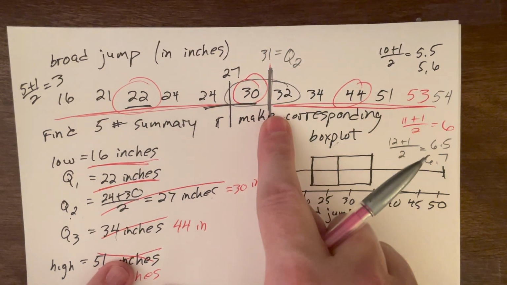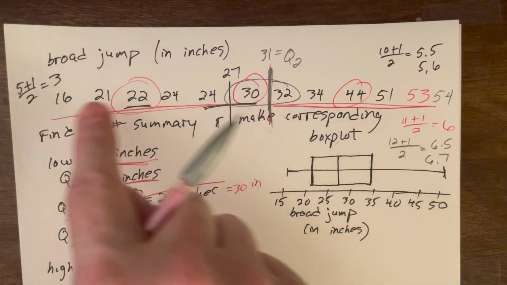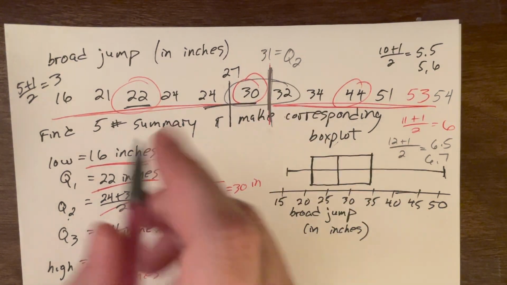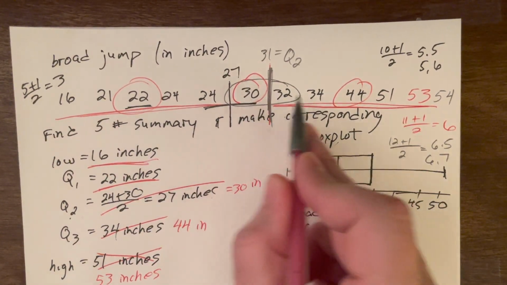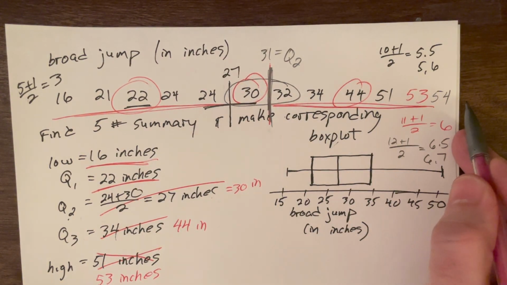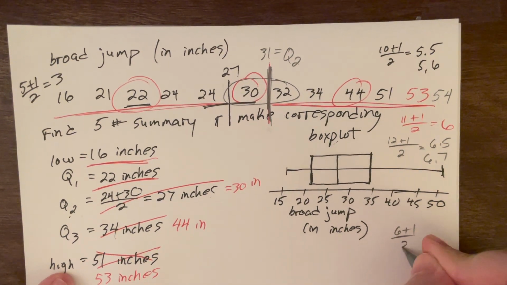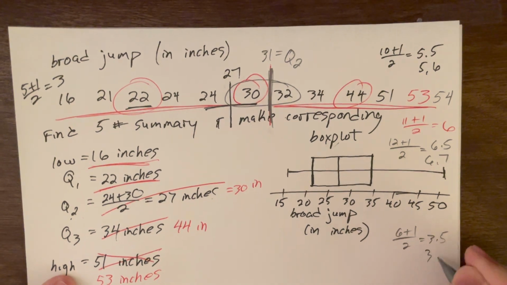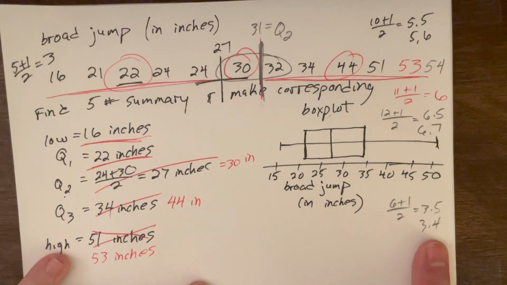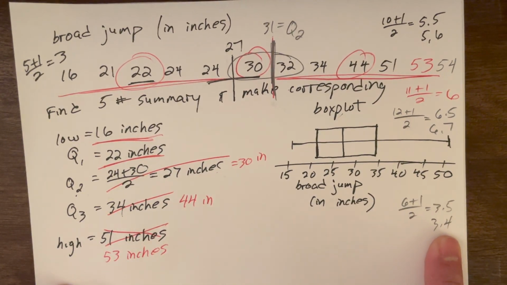Now the middle was a nice 1 value, but now when I look at the lower half and the upper half, 1, 2, 3, 4, 5, 6, 1, 2, 3, 4, 5, 6. Now we're back into the even case, where we've got to do the average of the third and fourth values.